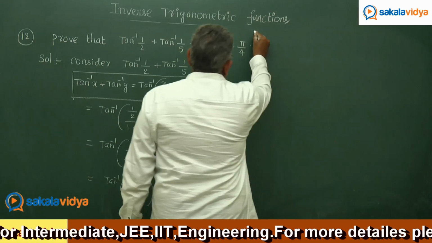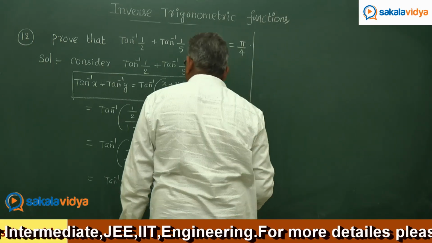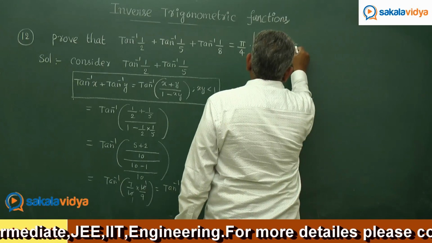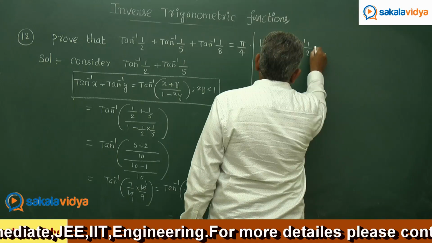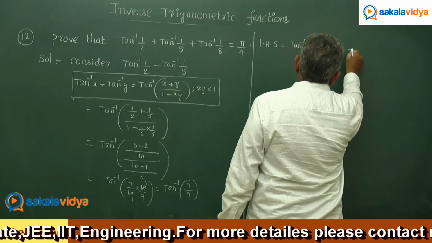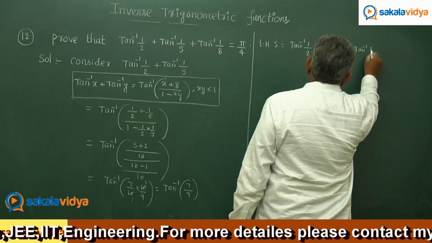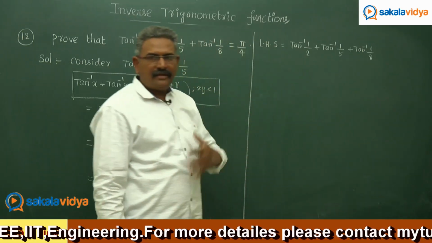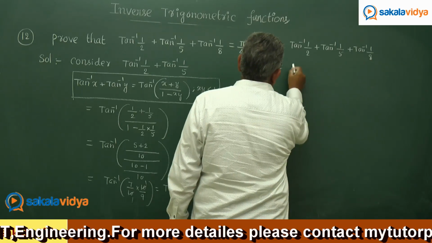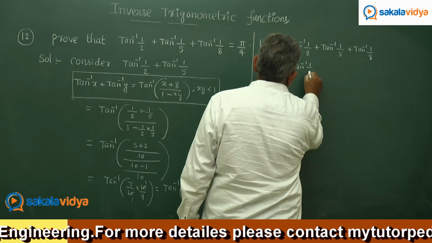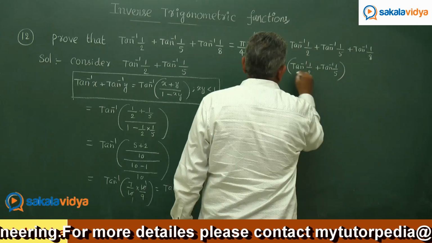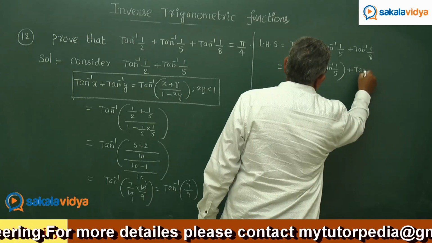Now let us consider left hand side, that is tan inverse 1 by 2 plus tan inverse 1 by 5 plus tan inverse 1 by 8. For our convenience, this can be rearranged. So now tan inverse 1 by 2 plus tan inverse 1 by 5, plus tan inverse 1 by 8.